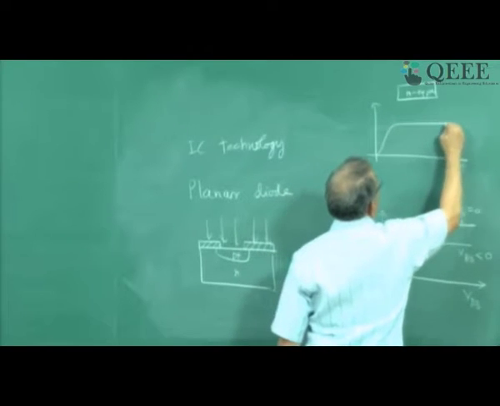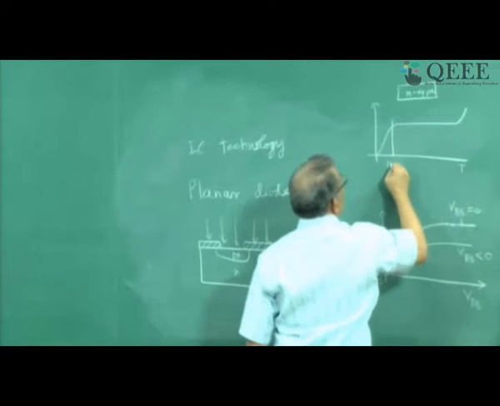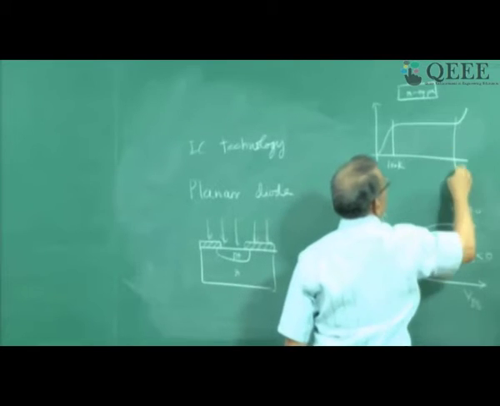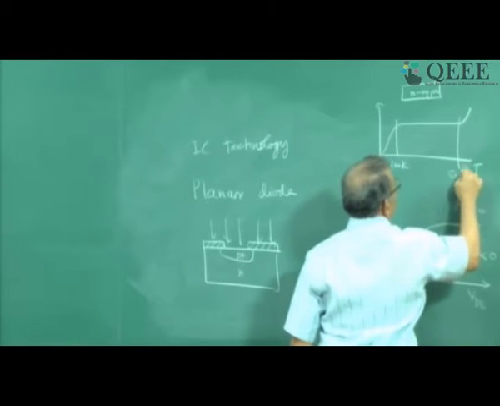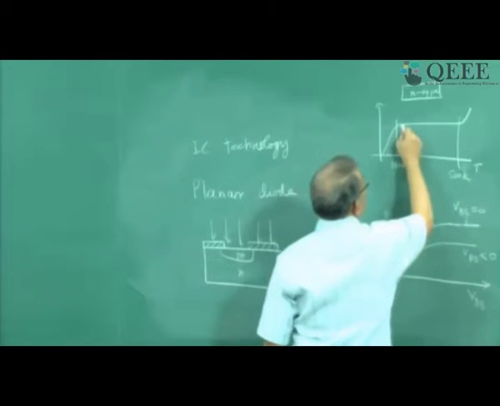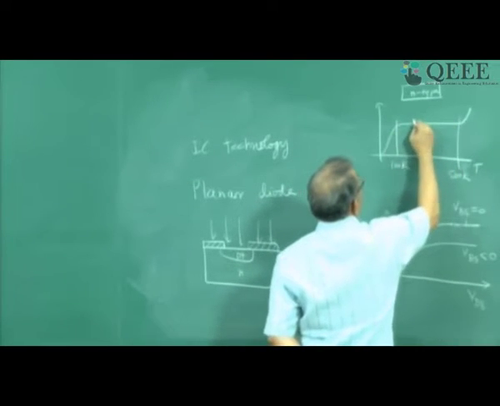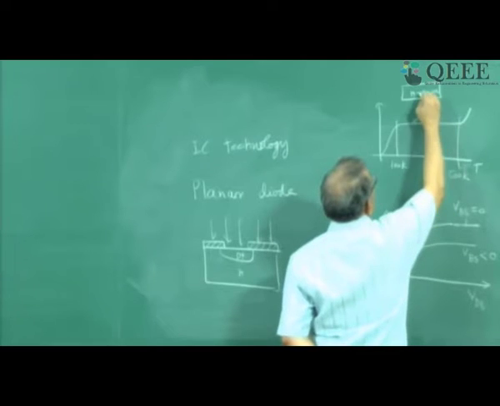The picture would be something like this. This one will be about 100 K, this one may be about 500 K. In this range, this is electron concentration in N-type semiconductor.